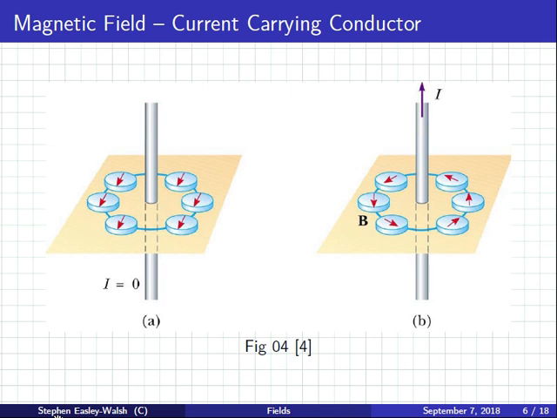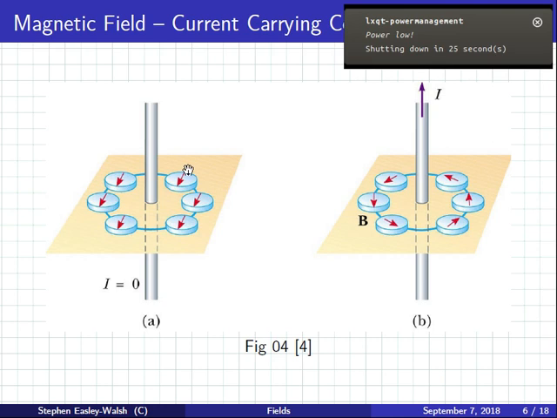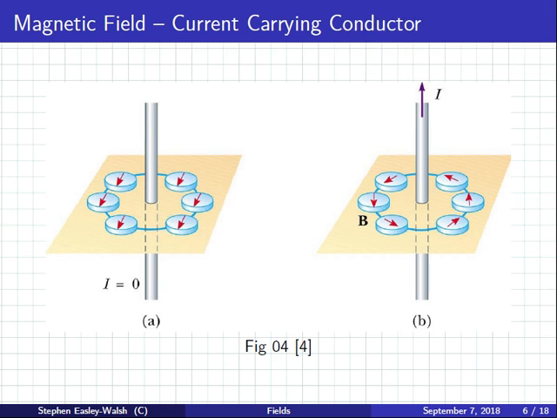Now, when you have a current, you can also have a magnetic field. So in this picture here, there's no current.